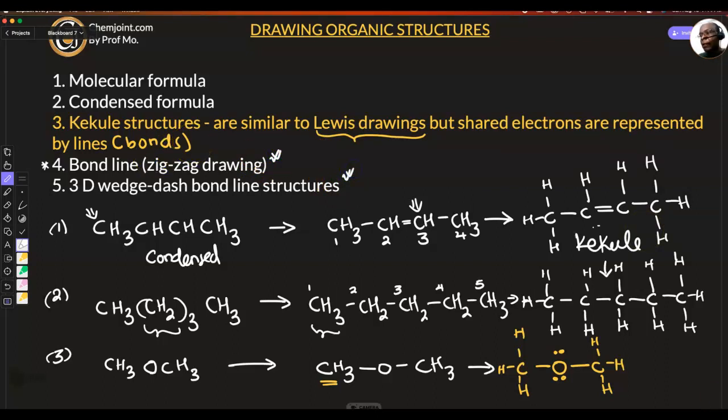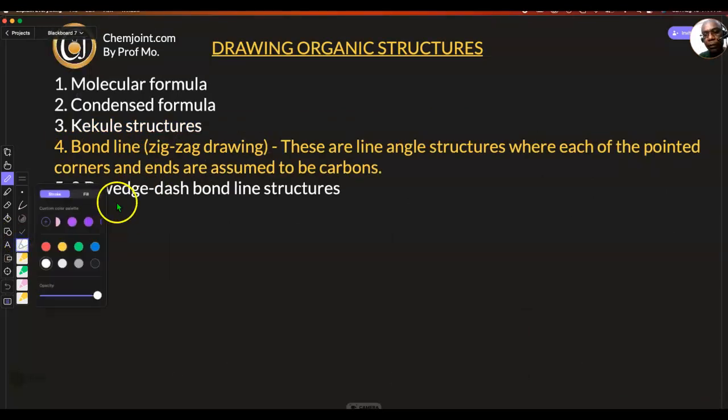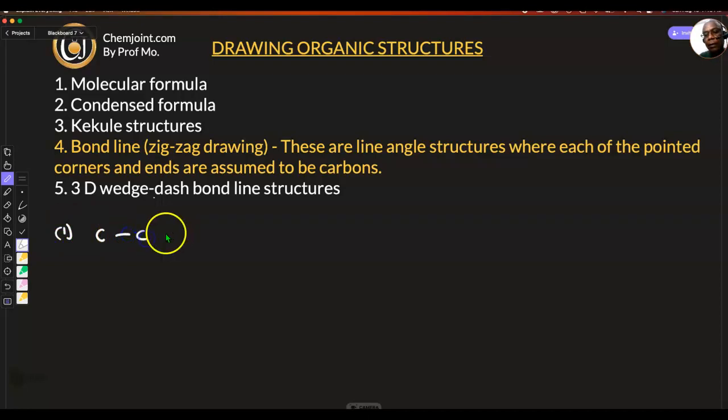Let's talk about the bond line drawing. So for the bond line drawing, what you're looking at here is translating your Kekule. So let's say this is our Kekule structure of a small molecule you would call propane.